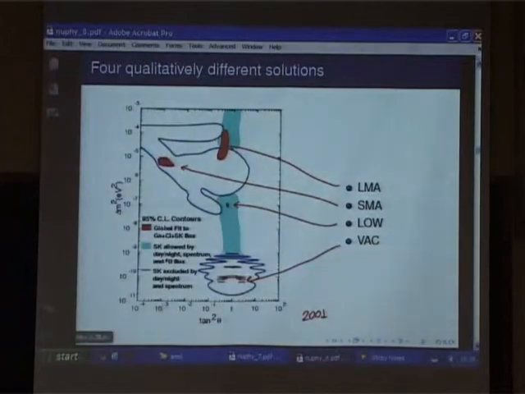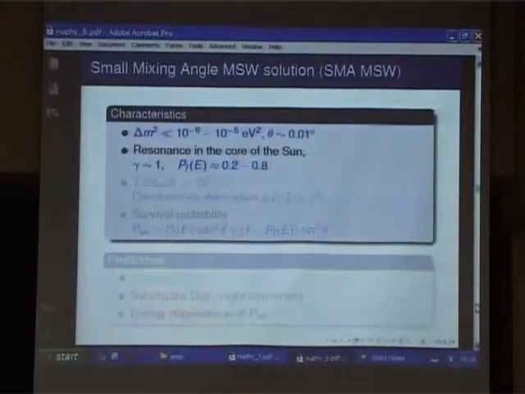The angle is very, very small, like 0.1 degrees. So theta is 0.41, 0.20, still small. So delta m square was like 10 power minus 6 to 10 power minus 5 electron volt square, and theta was 0.20. Now delta m square is 10 power minus 6, which meant that the resonance was in the core of the sun, almost inside.